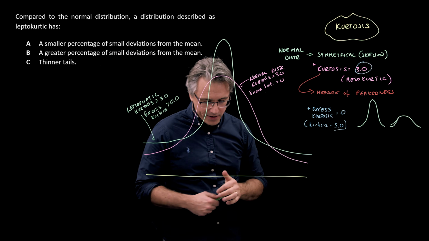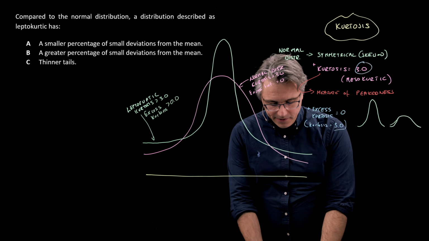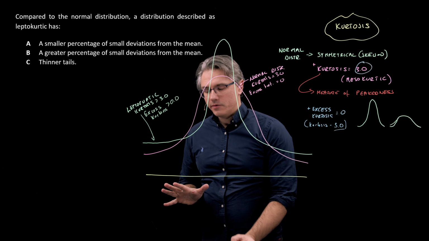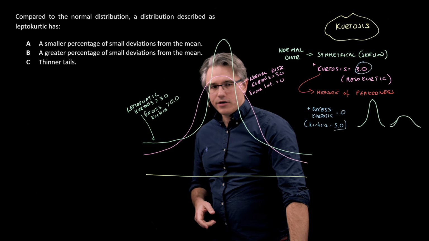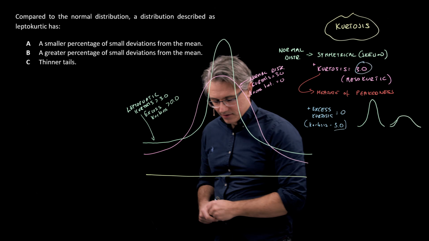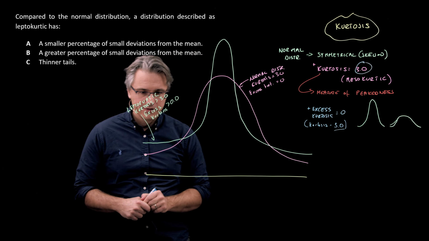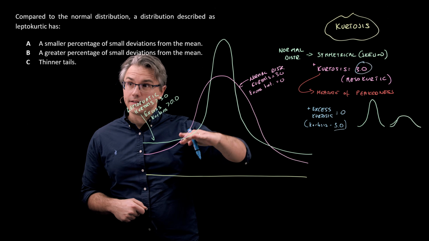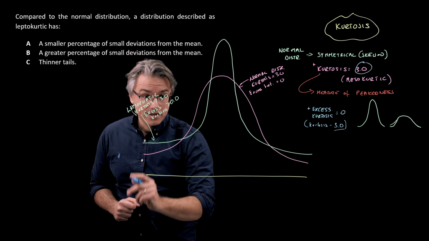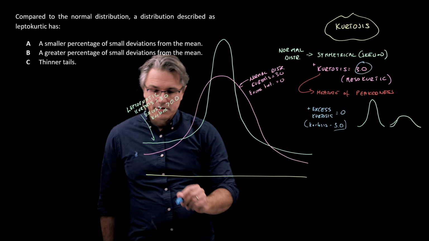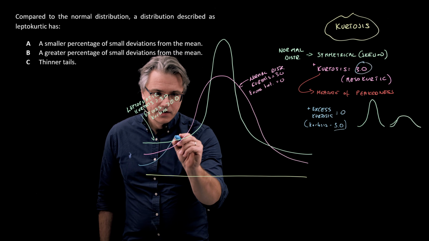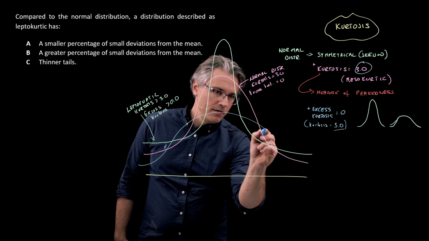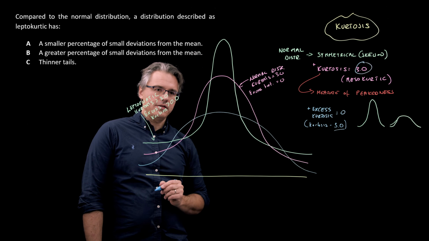Okay, good. And finally, one more, even though you're not asked about it in this question, I'm going to show you anyway, and that's called the platykurtic distribution. The platykurtic is going to be flatter, and it's going to have thinner tails. So it will look something like this.